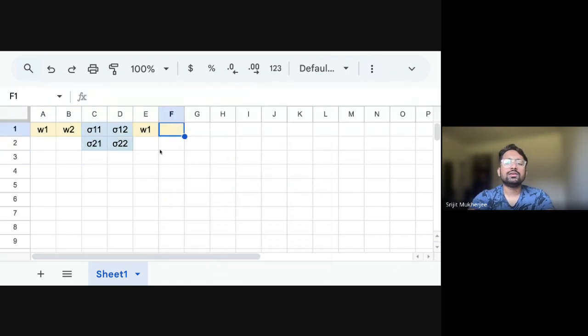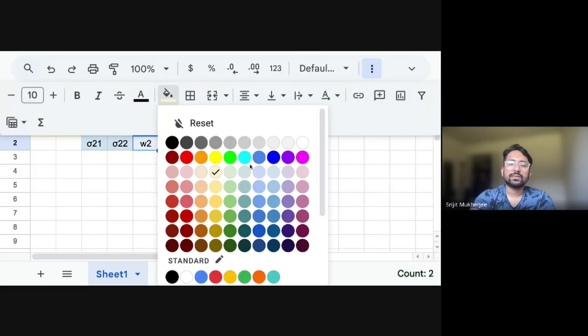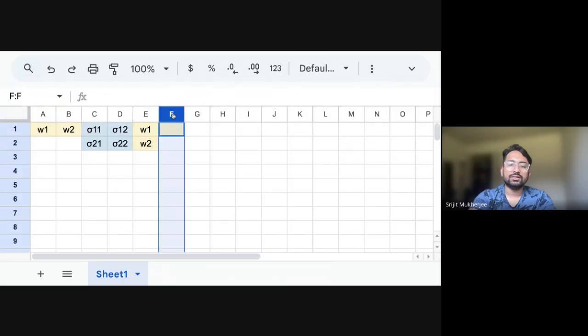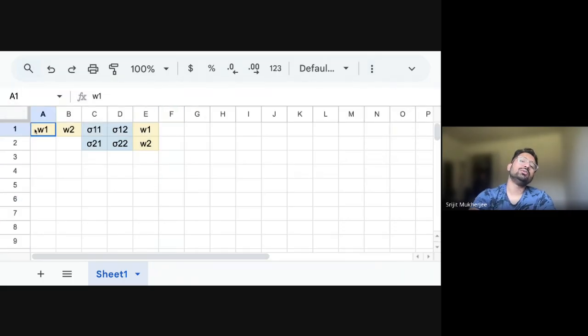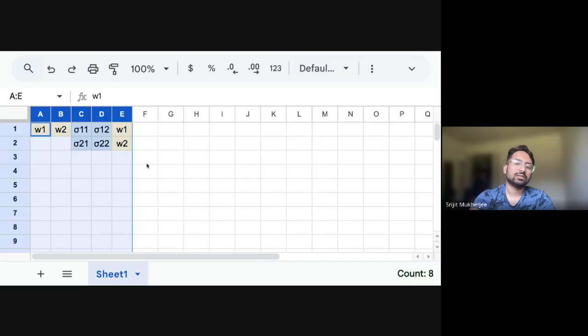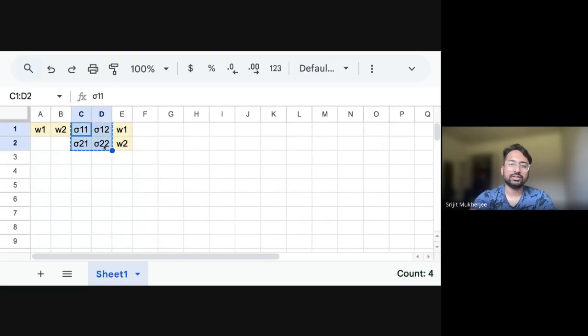Here it will be W1, here it will be W2. It's a transpose, right? And here, let's delete it. So this is W sigma. So this is what we call the variance covariance matrix, or often we call it the capital sigma.